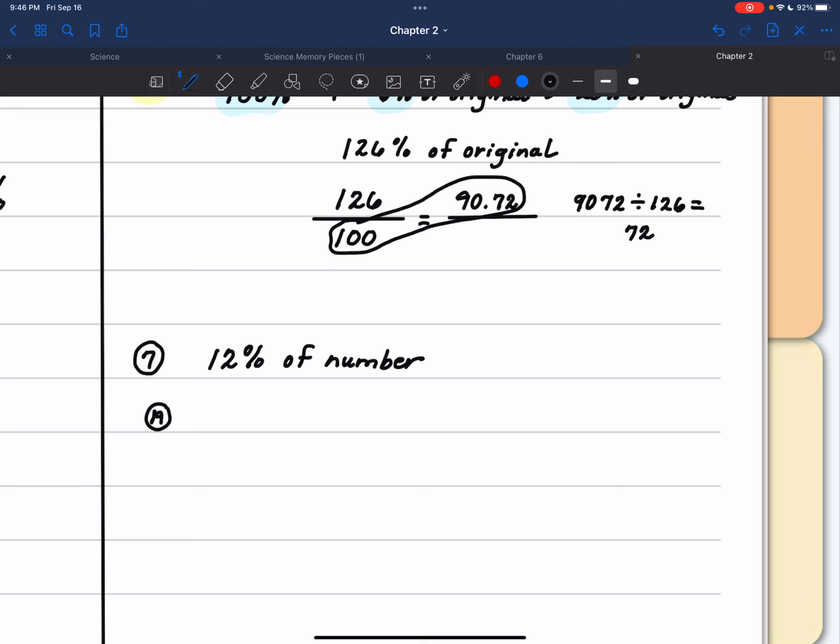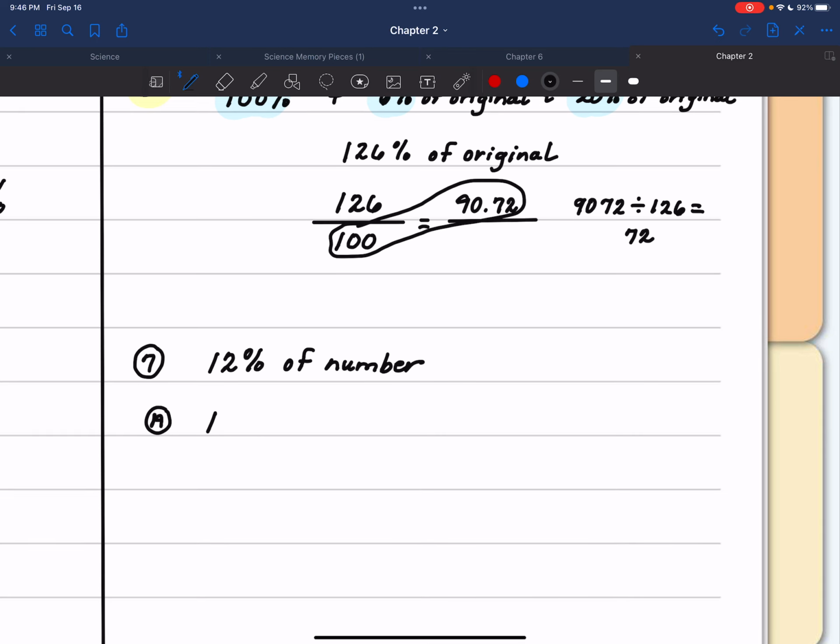What percent of the students are women? This one would look like 12 is blank percent of 28. So this is not it, because we're looking for 12 as our percent. So this is a no.